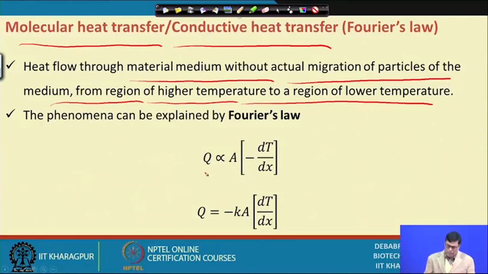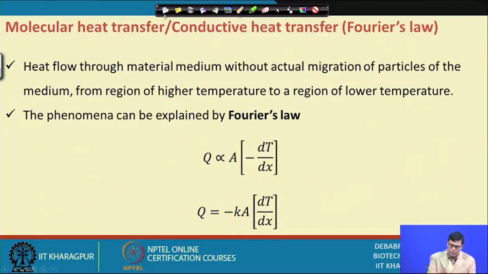This is how it can take place: Q equal to K into A into dT by dx. Am I right? Now, dT is the temperature difference, dx is the thickness of that particular media, and A is the area that we have. K is the proportionality constant.